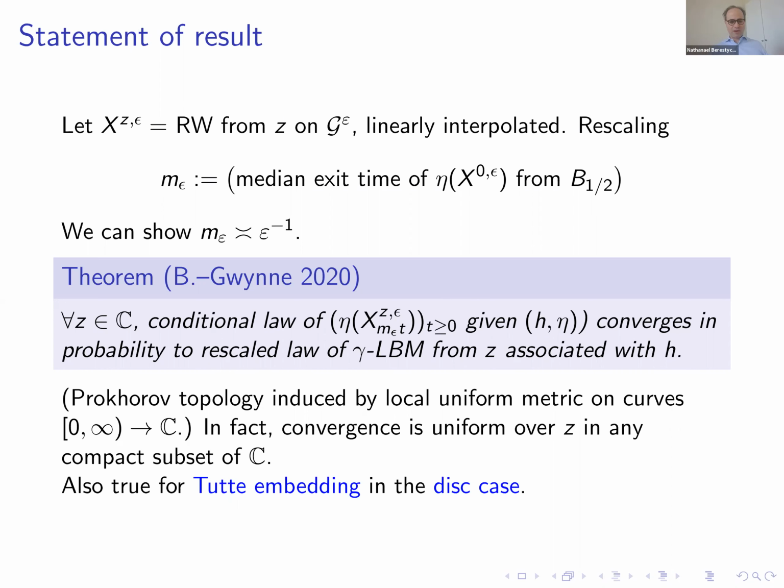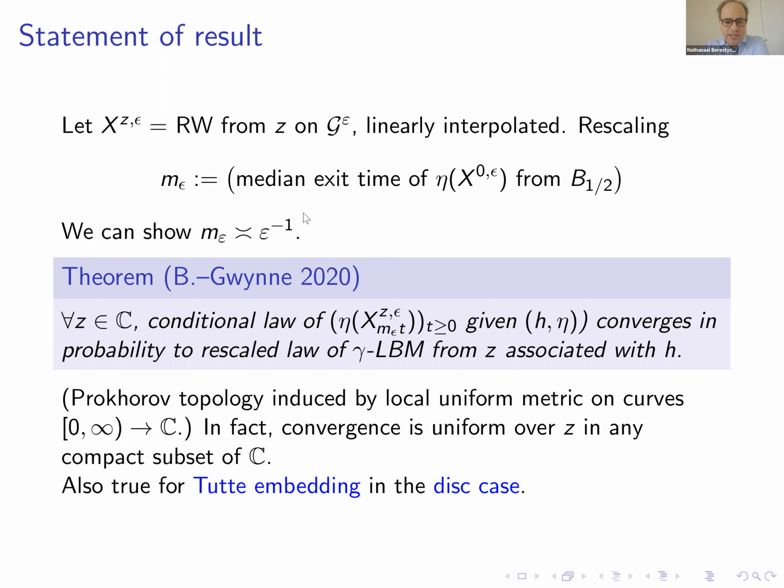This gives me a graph, and I can consider X epsilon, the random walk starting from z, or a vertex closest to the point z, on this graph G epsilon, and then linearly interpolated. And I want to rescale time, so I'm going to rescale it by a parameter M epsilon.